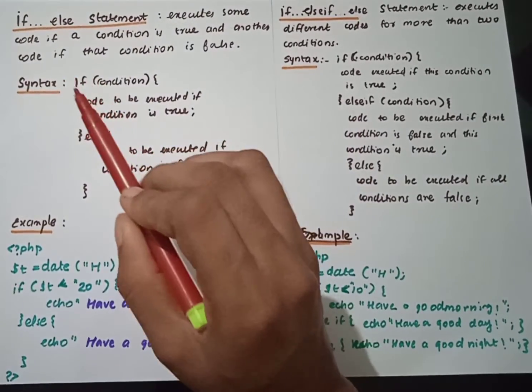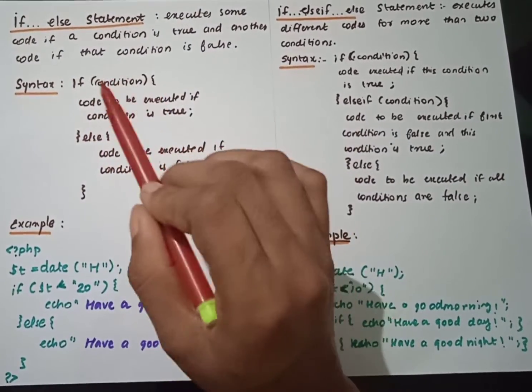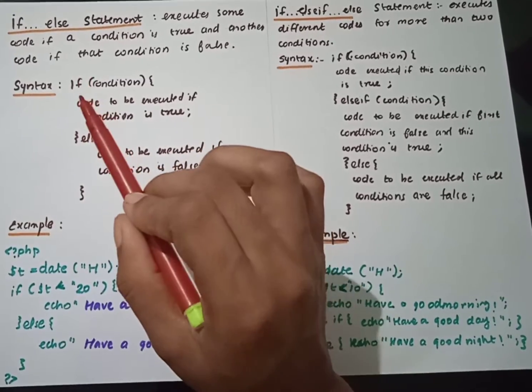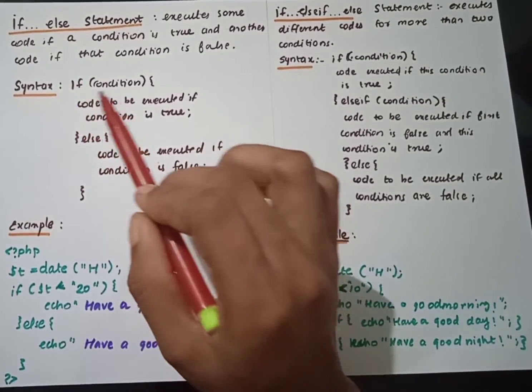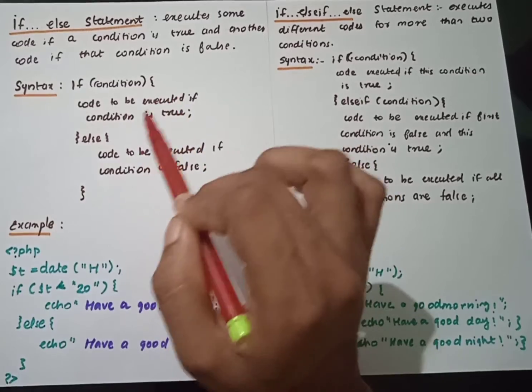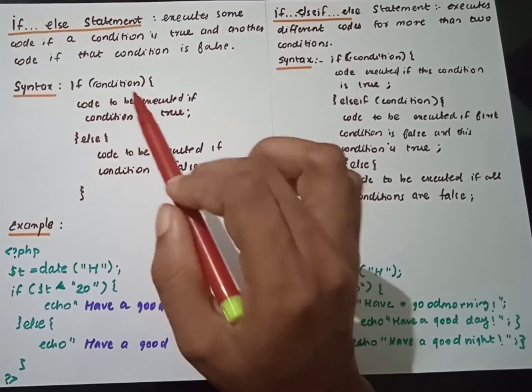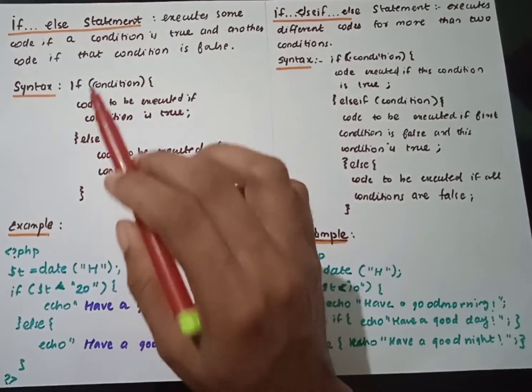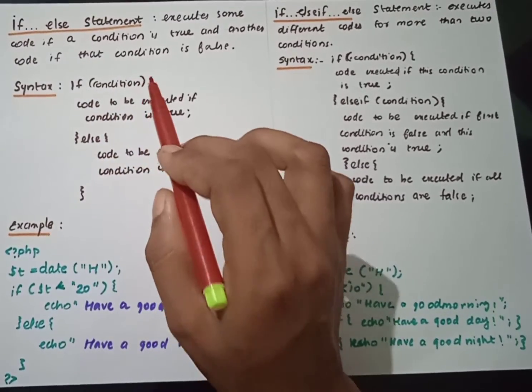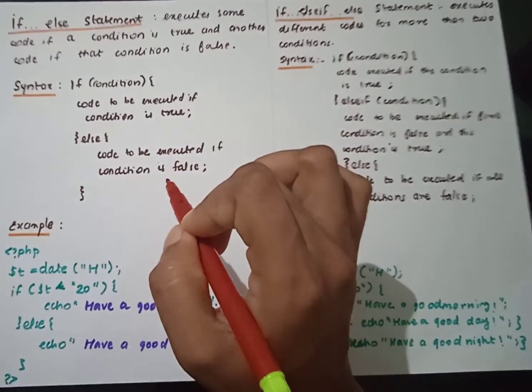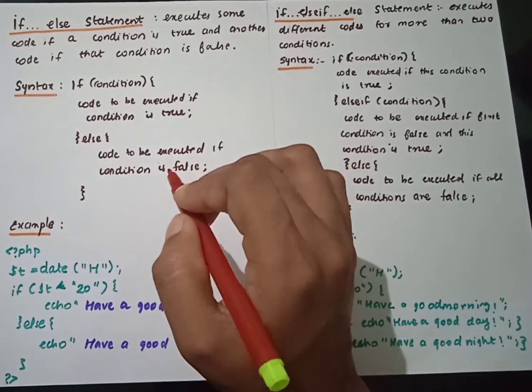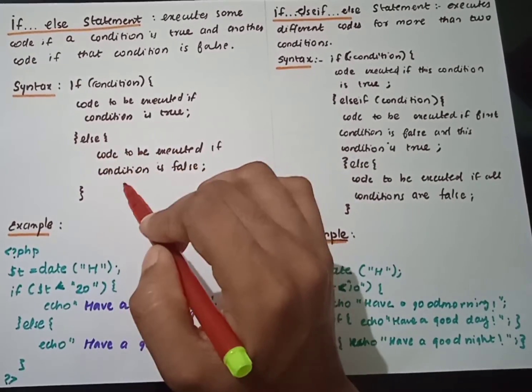For that you will have the first condition on the if statement, and you can write it like this, and whatever code is inside will come under this if condition. And if this condition is not true and you have to perform some more activities or some more code, then you can use this else.